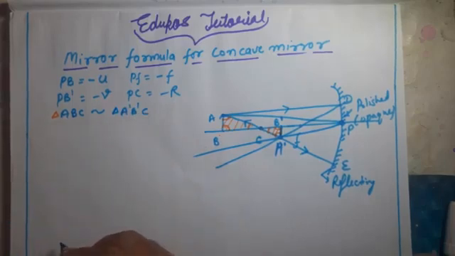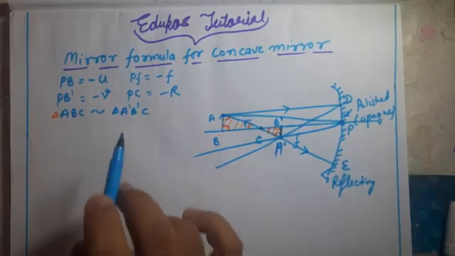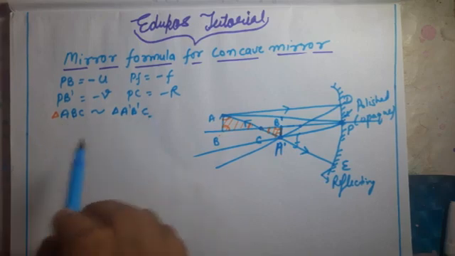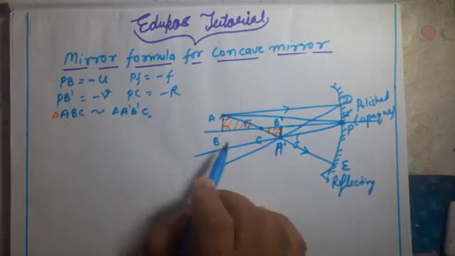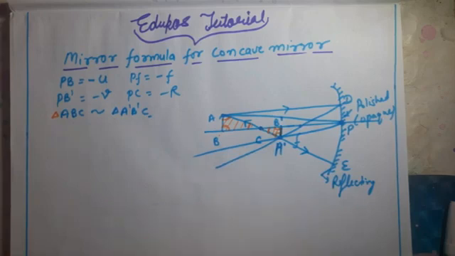Okay, so according to this, if two triangles are similar, then their sides are proportional by Thales theorem.